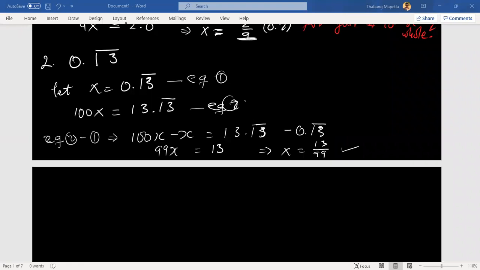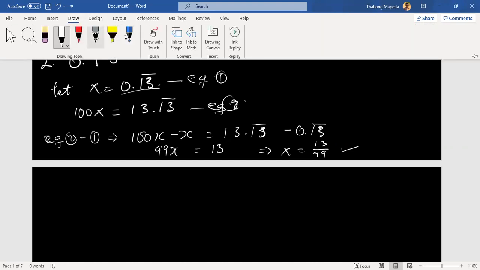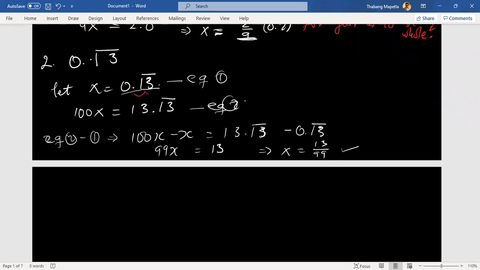We have 0.13 repeating, or 0.13 bar as I said. So we let x be 0.13 bar, and we call it equation 1. And then we want this decimal to move from here and rest there.